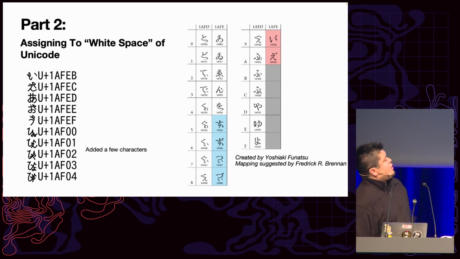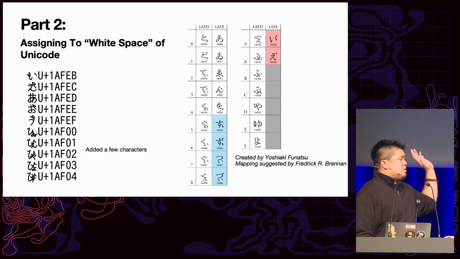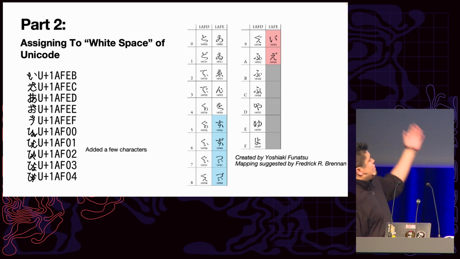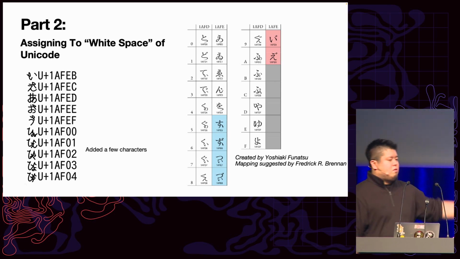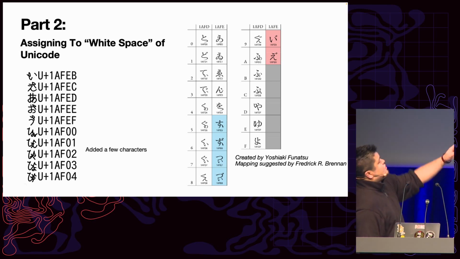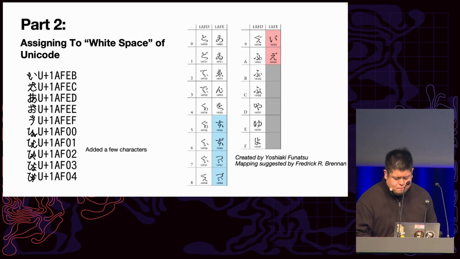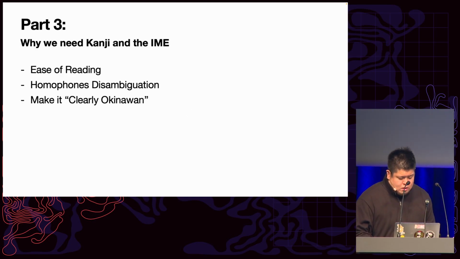That's written on the right. And then the left-hand side is what I drew, basically. I'm not a good font creator, but I added a few characters that were missing from the original Funaki-san's character sets. I assigned, arbitrarily, some of the code to those character representations.